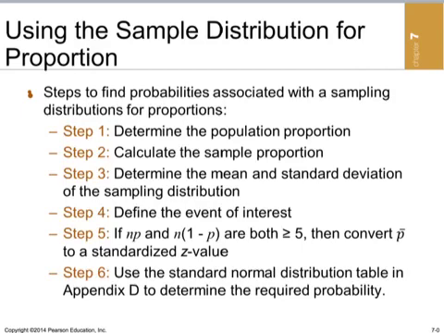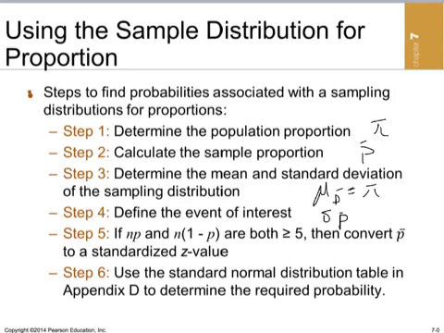So how do we use the sampling distribution of the sample proportion to calculate probabilities? Well, one, determine the population proportion, pi, if we know it. Calculate the sample proportion, P bar. Determine the mean and standard deviation of the sample proportion. We already know that mu P bar is equal to pi, and we already know how to get sigma P bar. And then, of course, what is the event of interest?